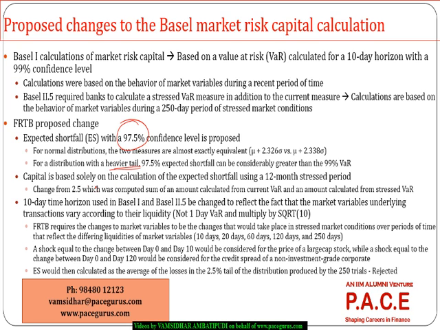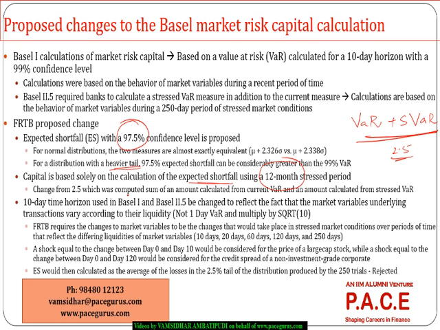And the capital is calculated purely on the expected shortfall using a 12 months stress period. Now it's no more like initially you compute the VAR and then you also compute the stressed VAR and you add up. That is what was there as a part of the Basel 2.5.